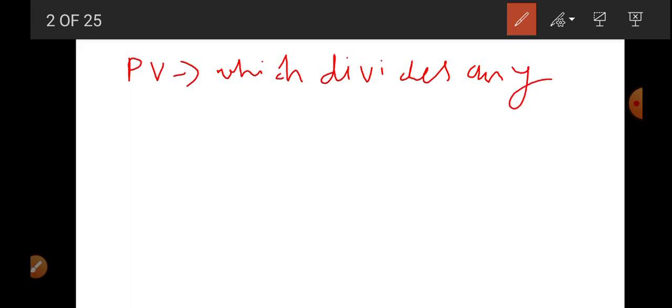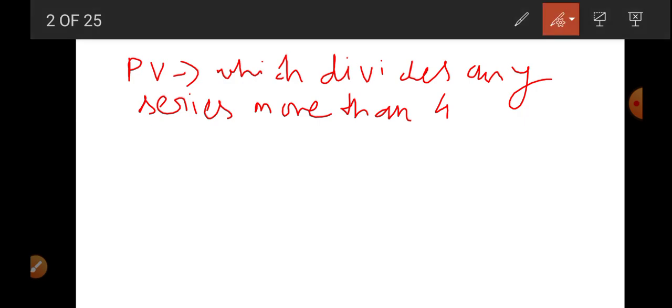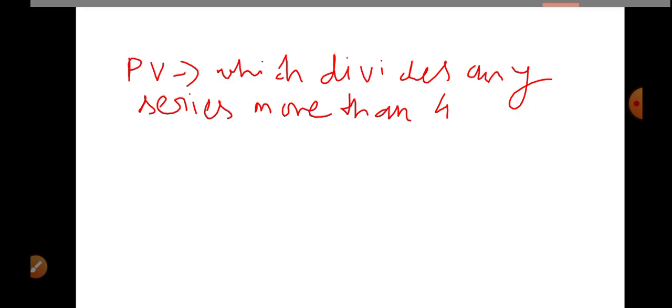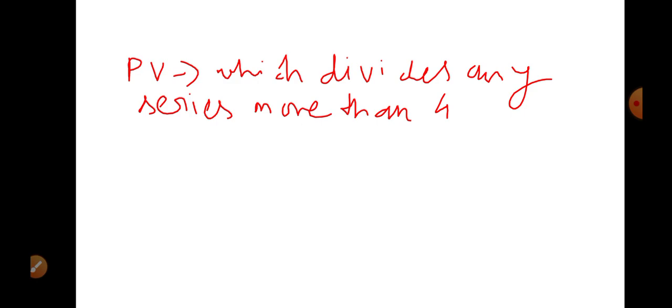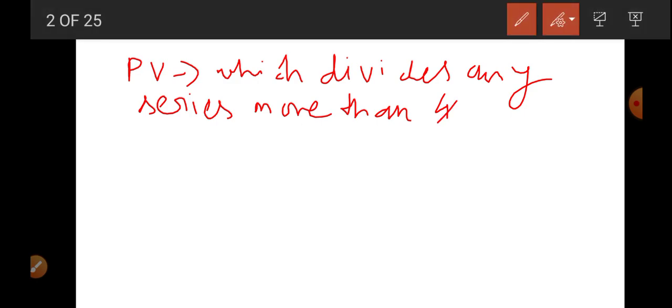So partitional value is that value which divides any series into more than two parts.